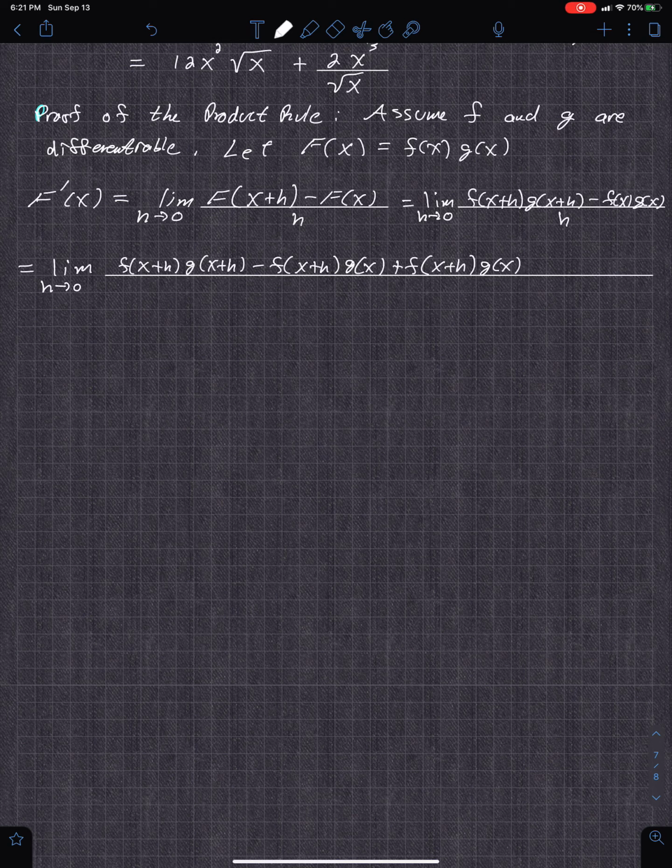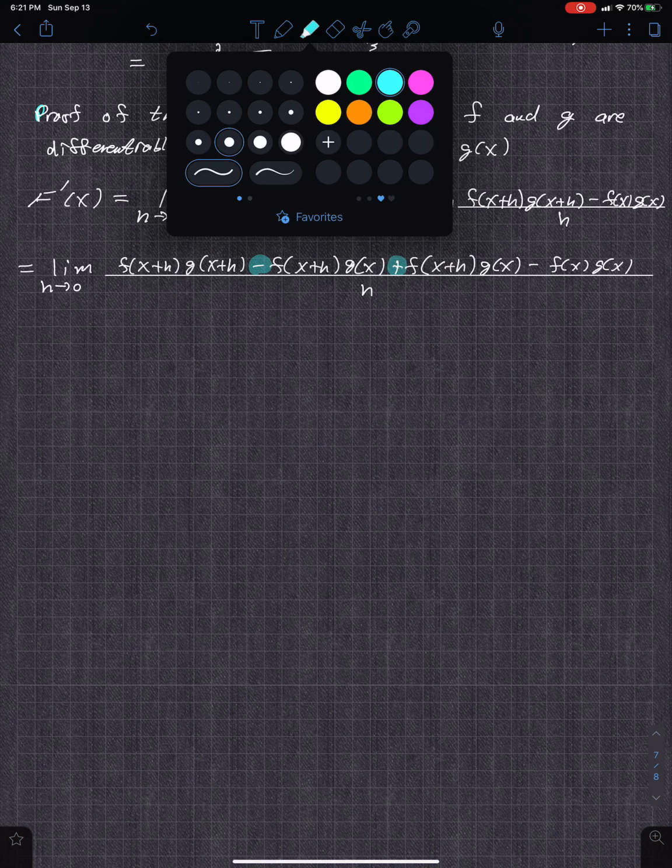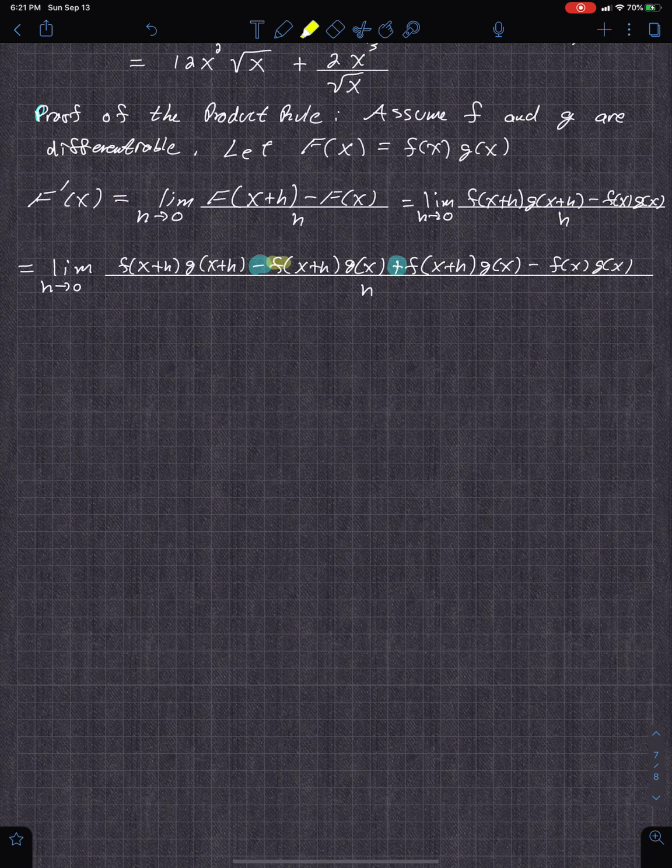Okay, so there's my plus minus right there. Those are opposites, and then minus f(x)g(x) all over h. So these right here are my opposites. One's plus, one's minus, and you can see that you would, of course, get two different things. Those are opposites, and so that adds to 0. So I just added 0 right there.